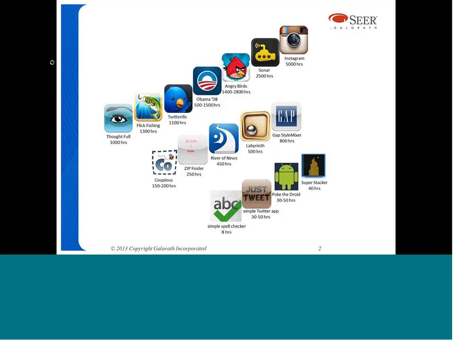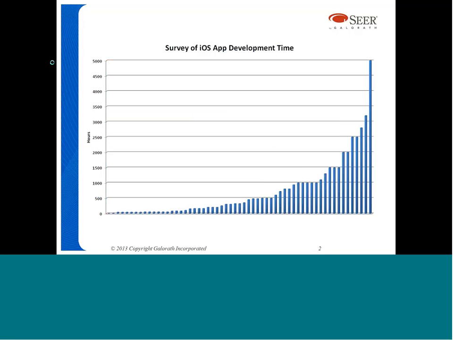So what accounts for this huge difference? Some of you probably already have a pretty good idea, because it's the same story that you see with software generally. There's no one-size-fits-all price for developing software. And just because you're moving to an app doesn't mean that it's a different story. There's no mystery here.